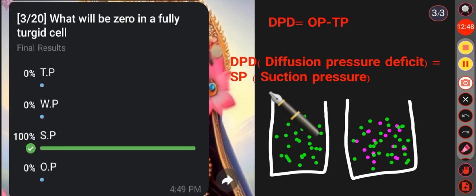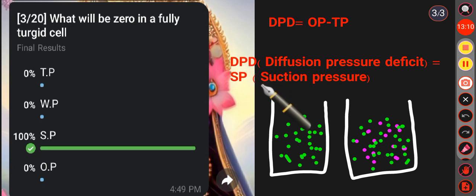So we can say the diffusion pressure of pure solvent is always more than the diffusion pressure of its solution. Again, what is DPD? The amount by which the diffusion pressure of a solution is lower than that of its pure solvent is called diffusion pressure deficit or DPD.